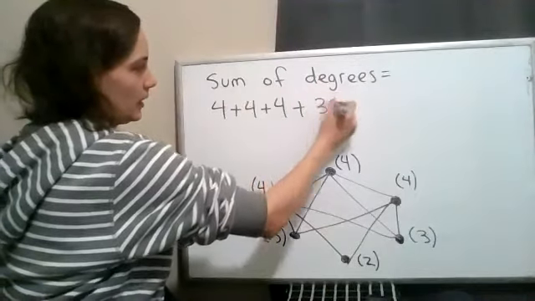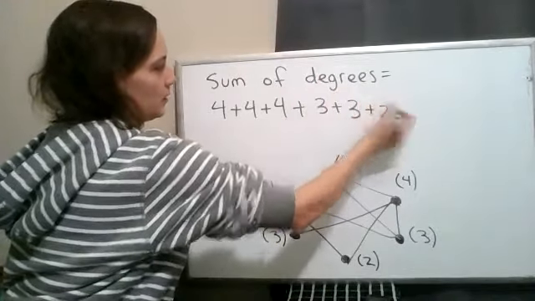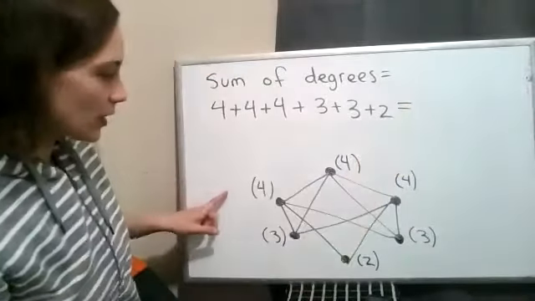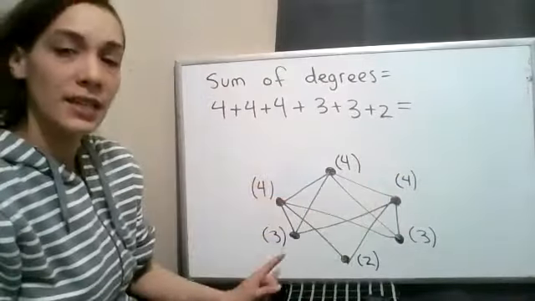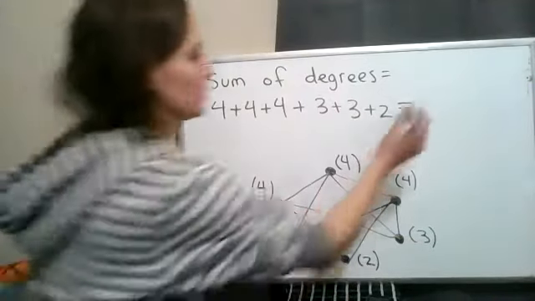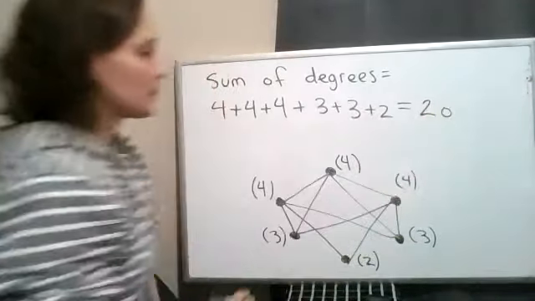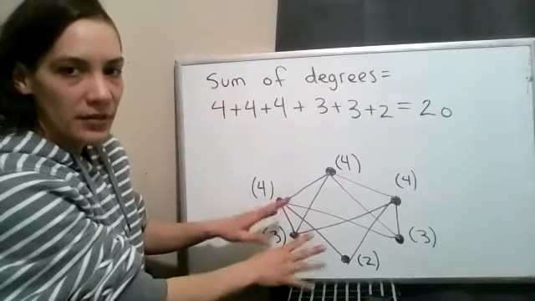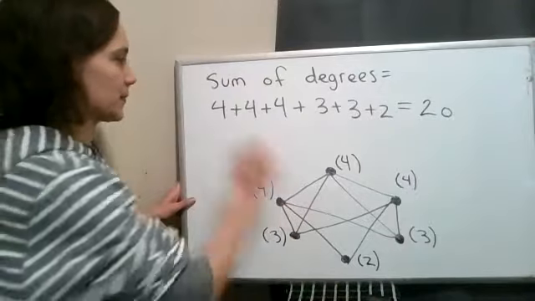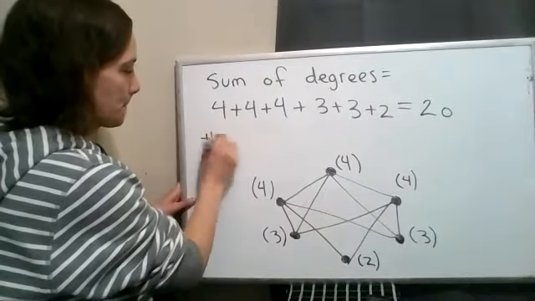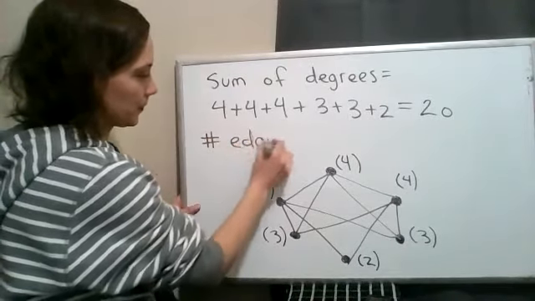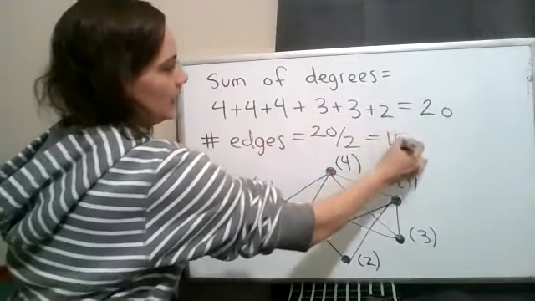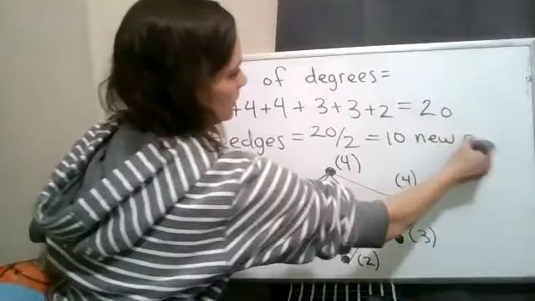Add 3, and another 3, and 2. So 12 plus 6 would be 18, 19, 20. So we take 20 and divide by 2. That will give us the number of edges. 10 new cards.